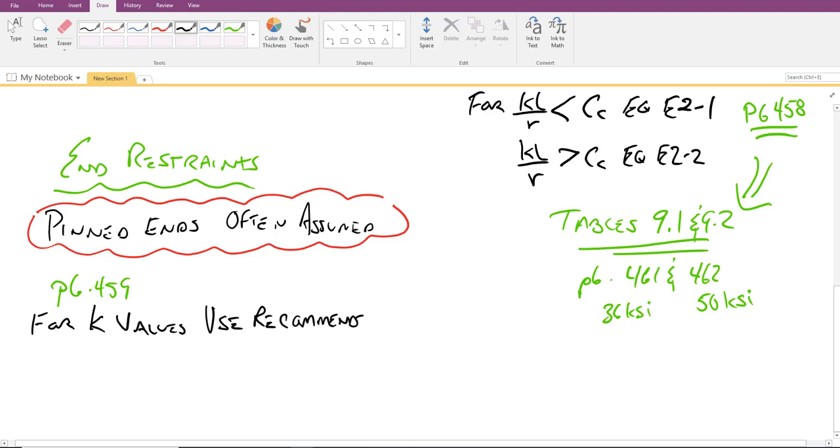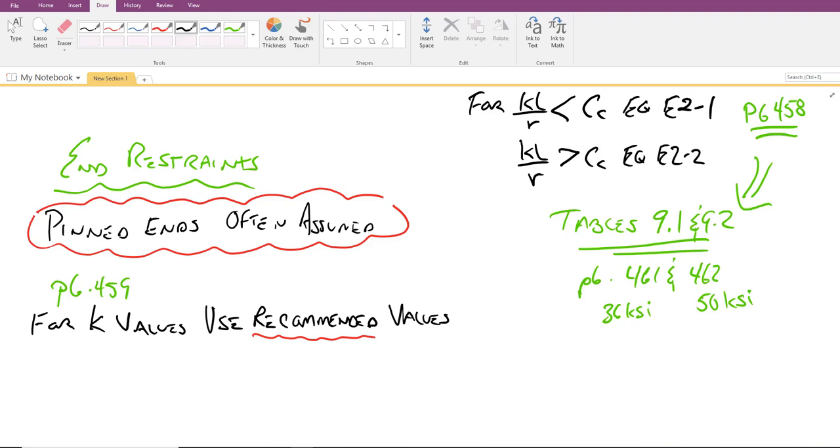What they've discovered is that when we're theoretically calculating these and compare that to the way they behave in the real world, it's not always exactly the same. And so they've adjusted those values just a little bit, and because of that you should use the recommended values. So for example, if you're looking at a fixed connection, that is the diagram A shown there, the theoretical K value is 0.5.